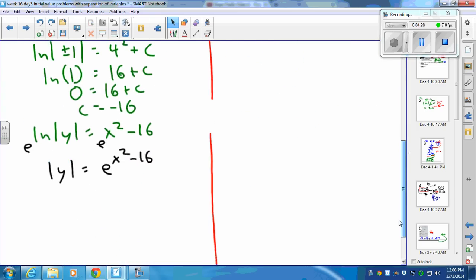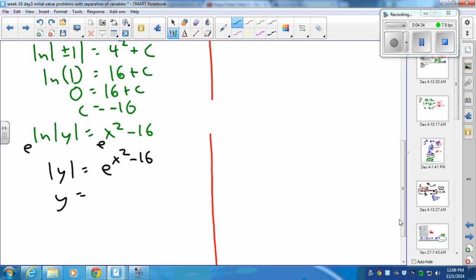So another way to say absolute value is you could say y equals either the plus or the minus version of e to the x squared minus 16. You need to decide which version it is, depending on that initial value that you're starting with.